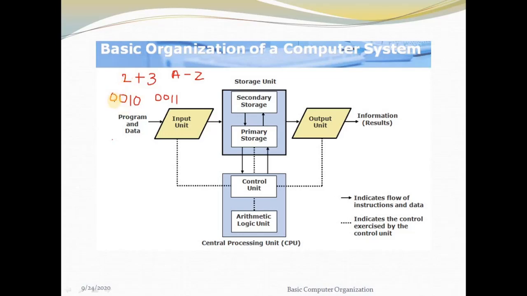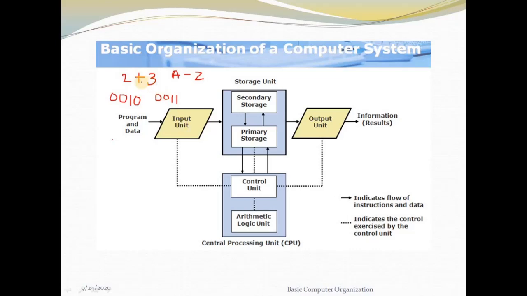To just give an example, we have converted 2 into binary language, that is zeros and ones. This is how we represent decimal 2 in binary: 0010 with a 4-bit representation. Similarly, 3 will be 0011. This has to be done by the input unit.